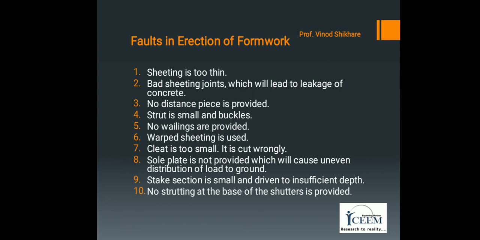Stick section is small and driven to insufficient depth. No strutting at the base of the shutters is provided. These are some commonly appearing faults in erection of formworks at the time of before concreting.